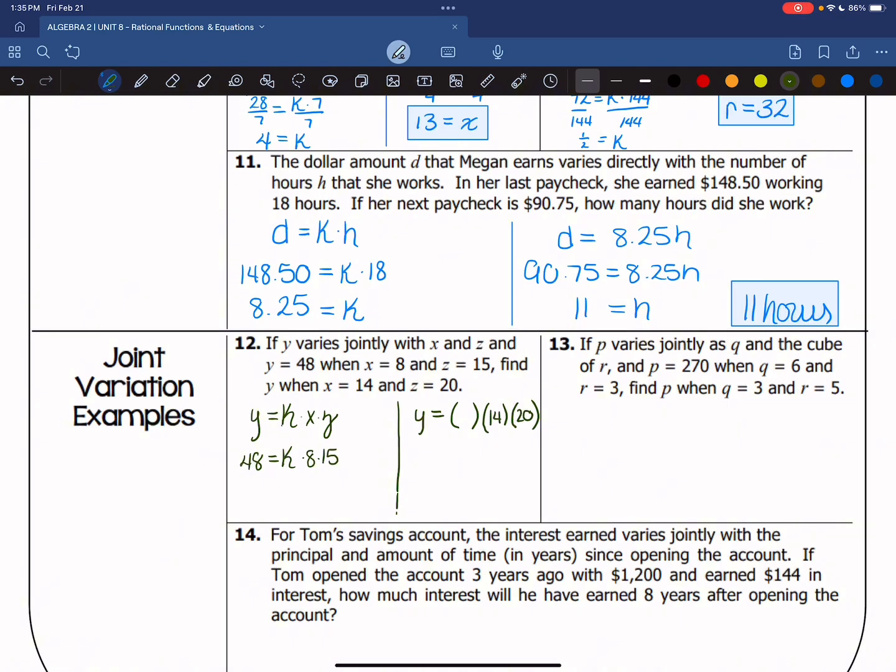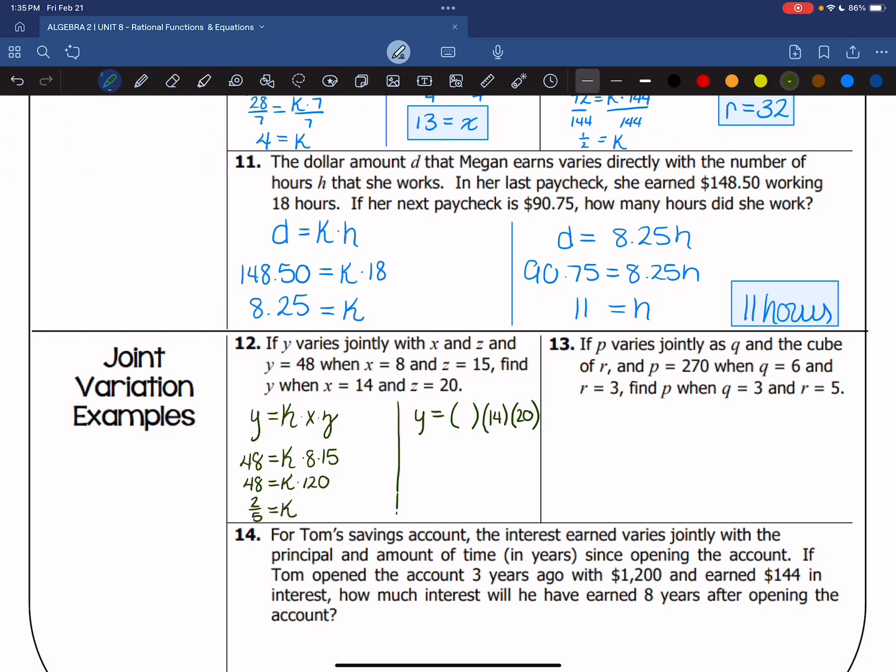When I take 8 and 15 and multiply those together, that is 120. And we're going to have to divide each side by 120 to get k by itself. So when you take 48 and divide it by 120, that simplifies to the fraction 2/5.